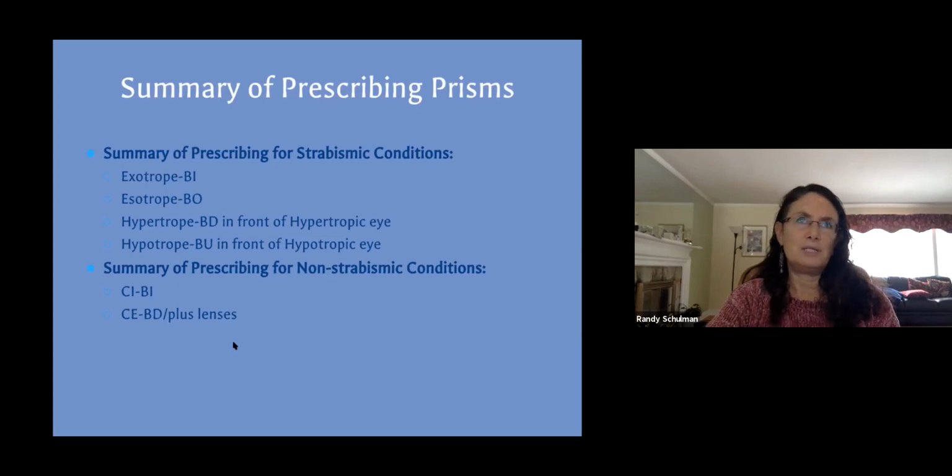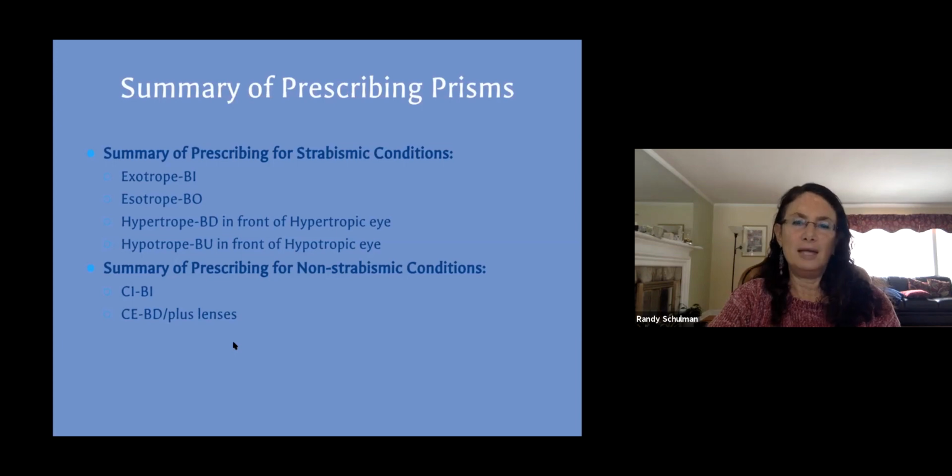So we put 2 base down on one eye, 2 base up on the other. I split the difference and he loved it. I tried to give him 1 and 2 and he said, no, it's double. No, it's not double. Oh, no, it's double. So he's going back and forth, so we just gave him the split difference. Again, I could have just given 4 on the hypo eye, which was more of a hypotropic eye, but very often I split it and that works better.